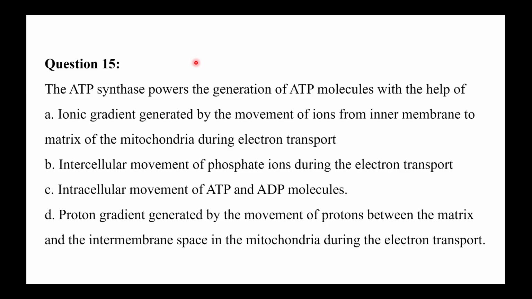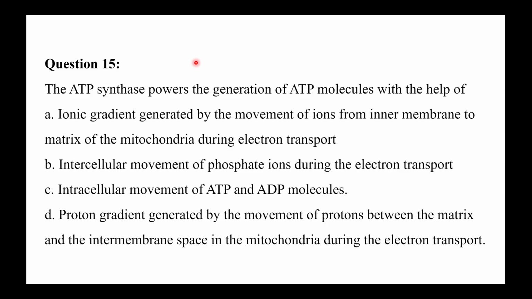Option B, intercellular movement of phosphate ions during the electron transport. Option C, intracellular movement of ATP and ADP molecules. And option D, proton gradient generated by movement of protons between the matrix and the intermembrane space in the mitochondria during the electron transport. I've already discussed this, so everybody should be able to answer.